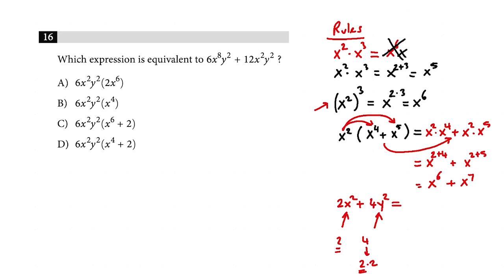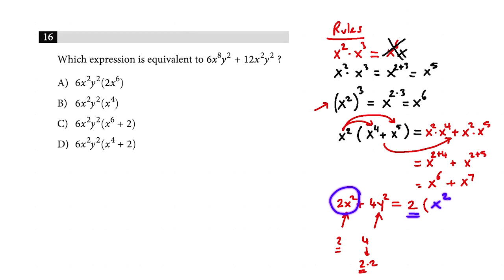So how am I going to write an equivalent expression? I will take out 2 as the common factor and write 2 and open parentheses, putting the rest inside the parentheses. For the first term, it was 2x squared, and I have 2 here. What is left? x squared.